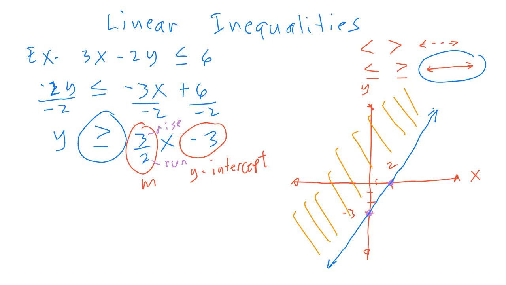Okay, next example: x plus 4y greater than 4. So we have to isolate our y here. So we have 4y greater than, moving x from left to right, it becomes negative x plus 4.